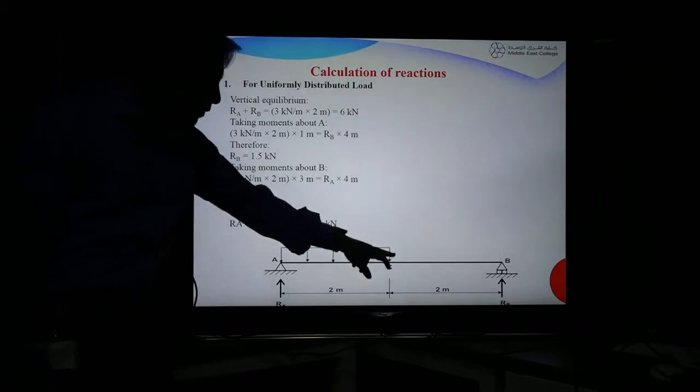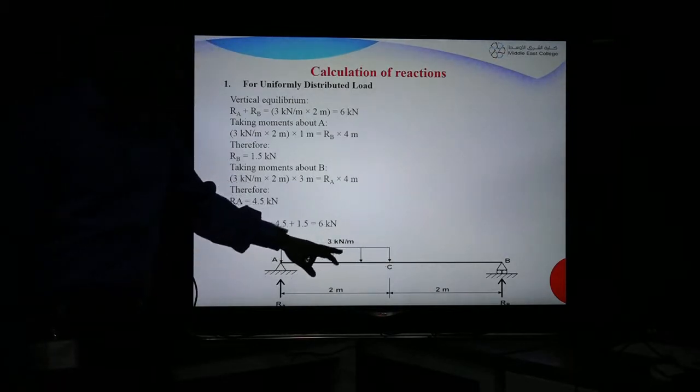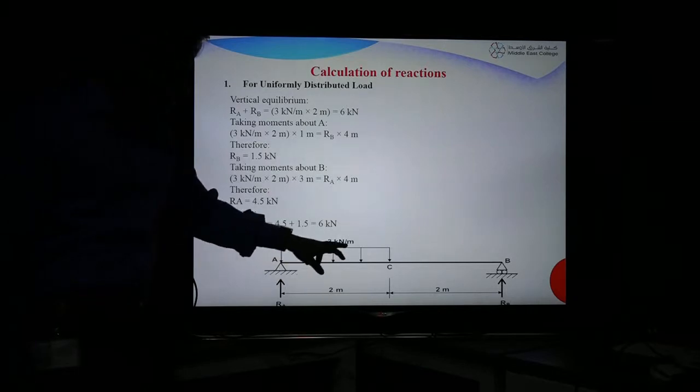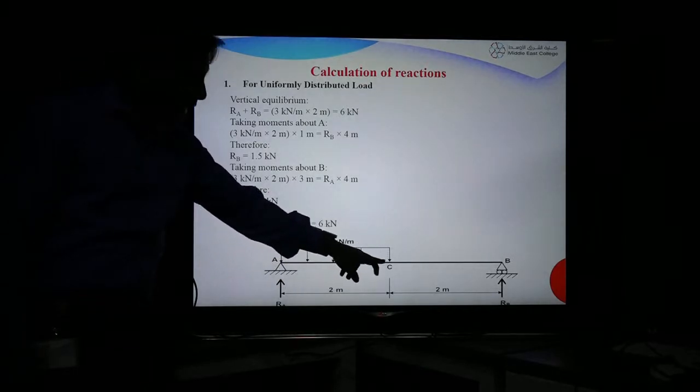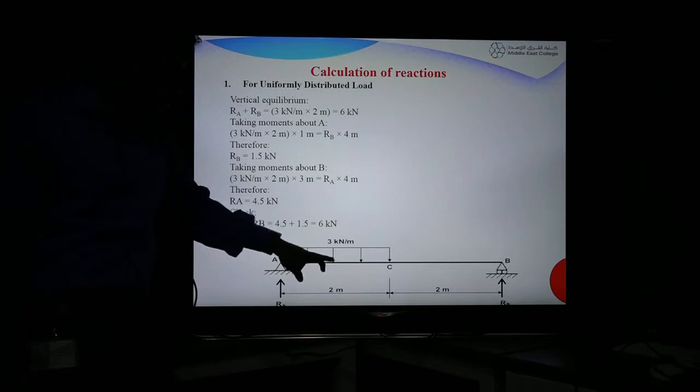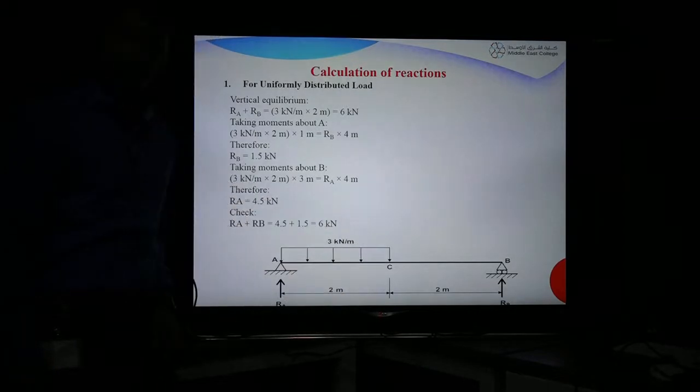How much length is it acting on? It is acting on 2 meters. So the 3 kilonewton per meter load is acting on 2 meters of the beam, from A to C.